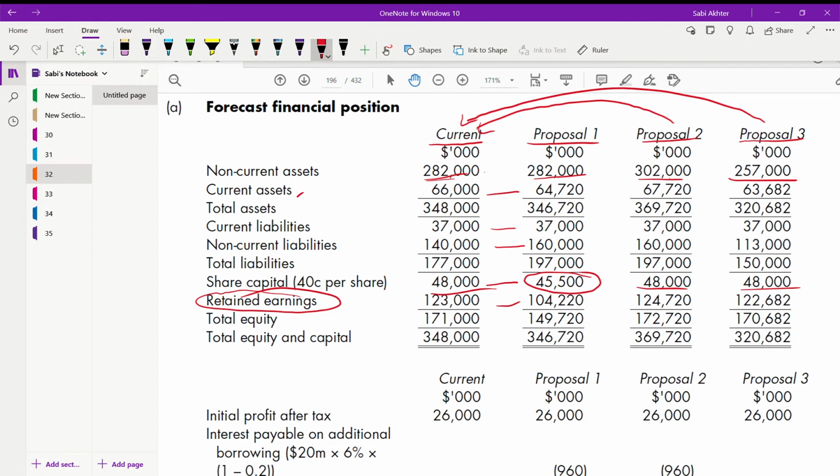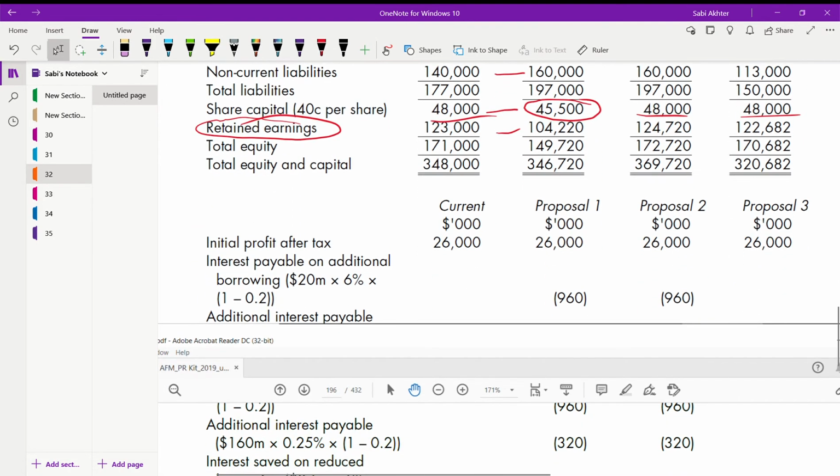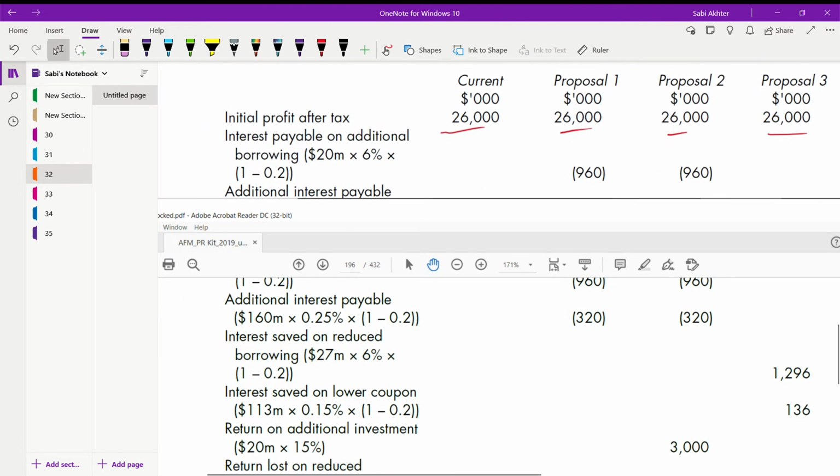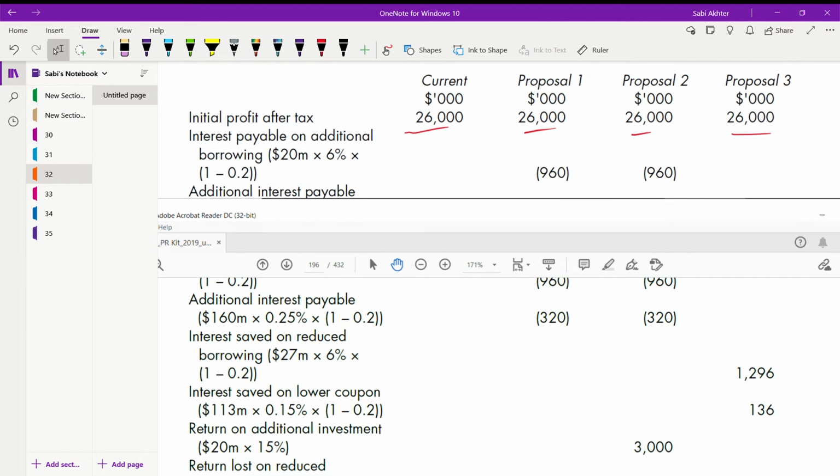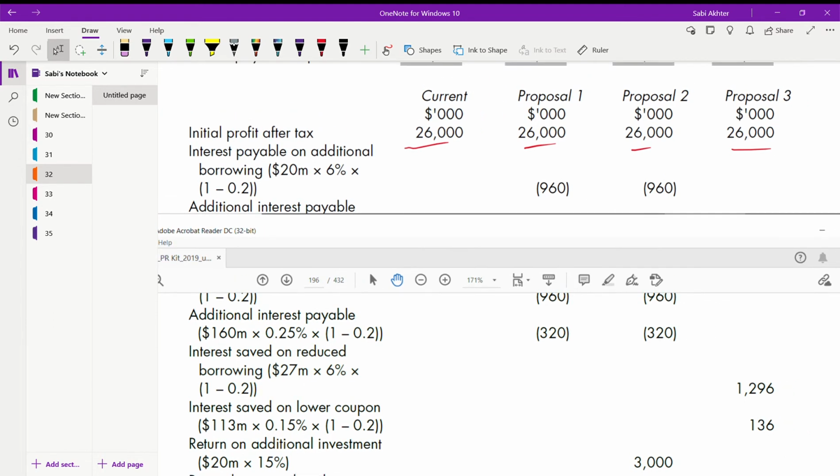And your retained earnings calculation is down here, your earnings. Here also, it will be same. They have given you 26 million, it will be same. Rest all the workings like this. Under current, it will be 26 million only. Your workings will come in proposal 1, 2 and 3. For example, if debt is increasing, where will it impact? Interest. You have to pay higher interest.